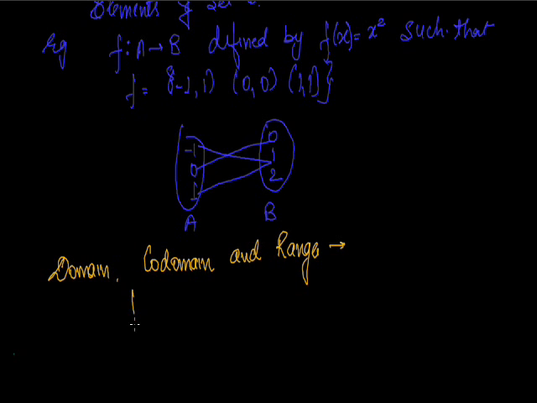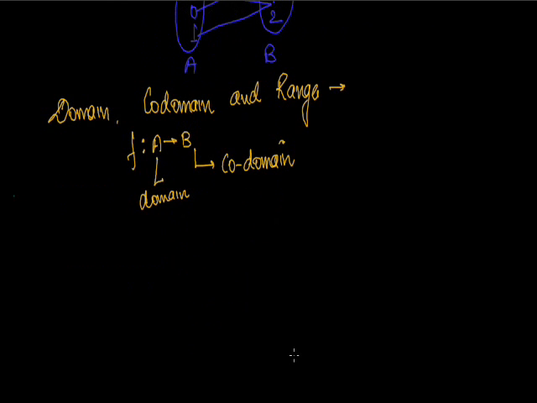Domain, codomain and range. Let f be a function from A to B. Set A is known as domain and set B is known as codomain.